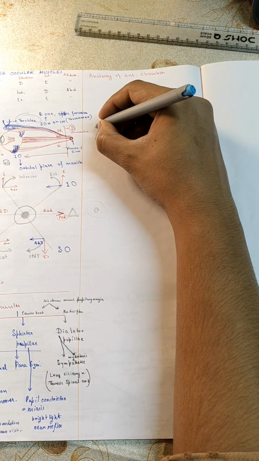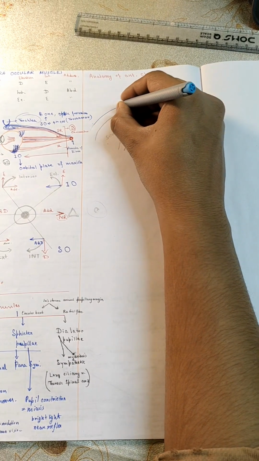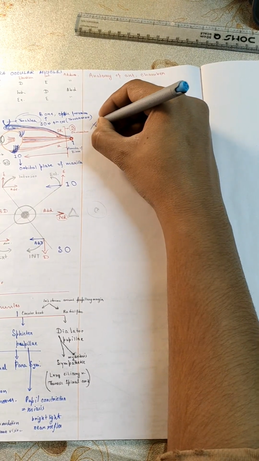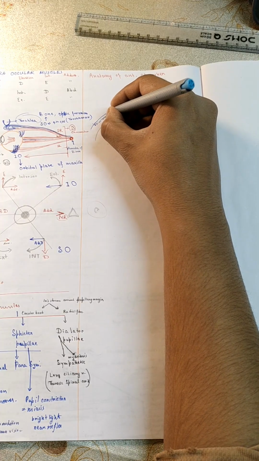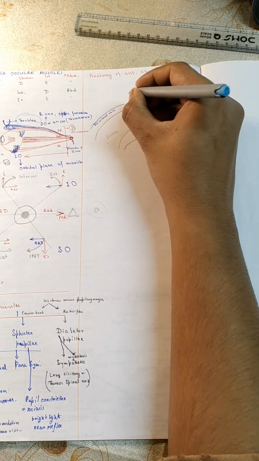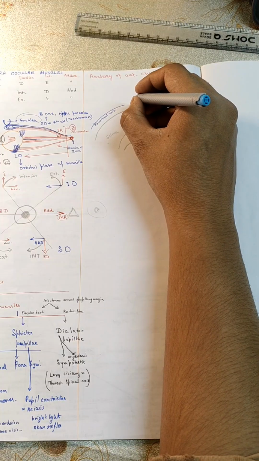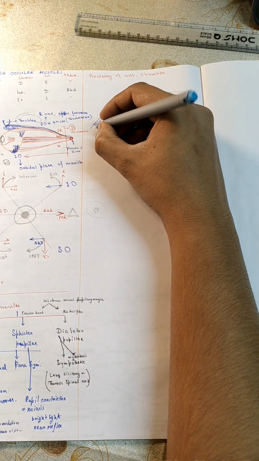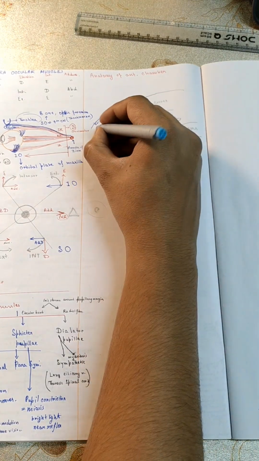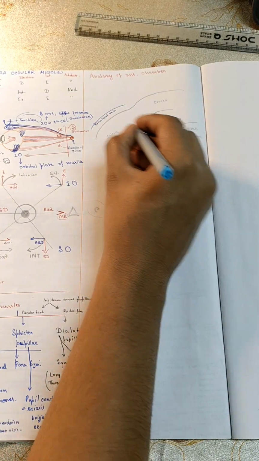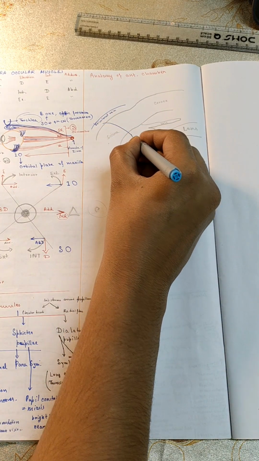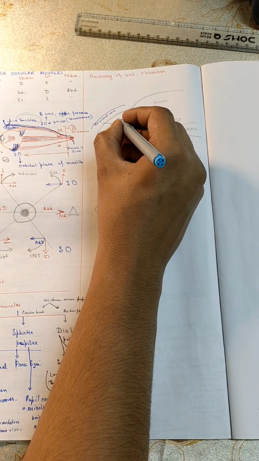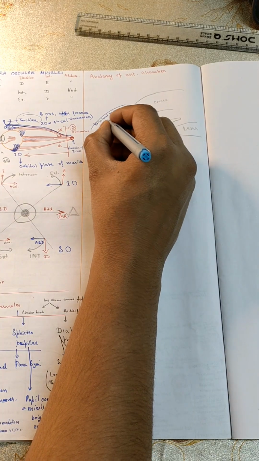This is sclera, this is beside the sclera, so it is episcleral vein. Okay, it gives what? It gives three things. The first one comes in here, so it comes like this. Okay. What is this? Ciliary efferent vein.